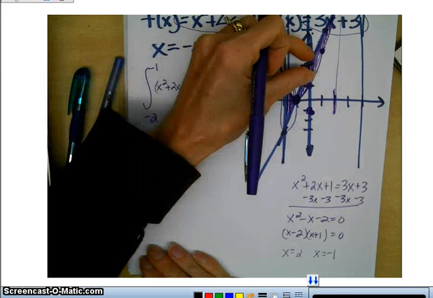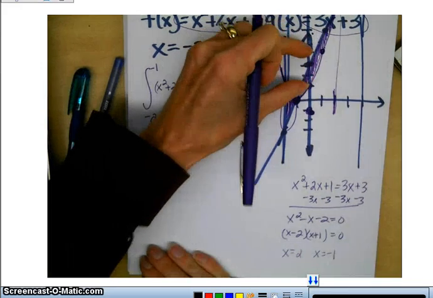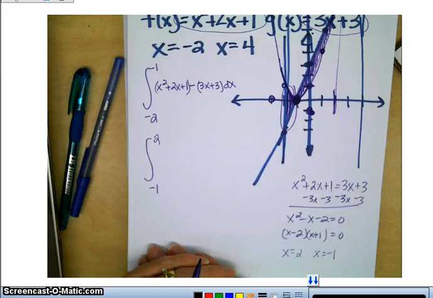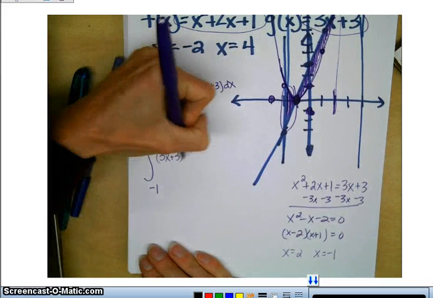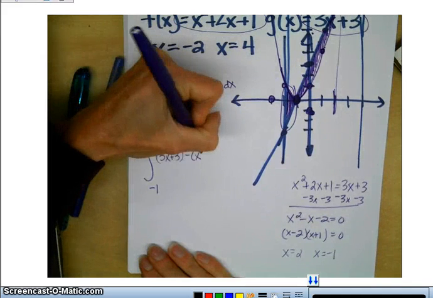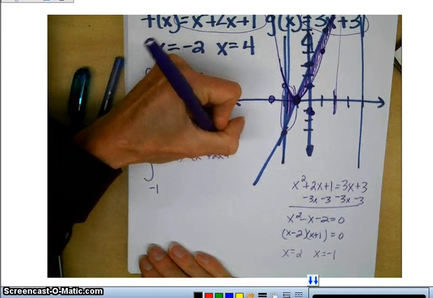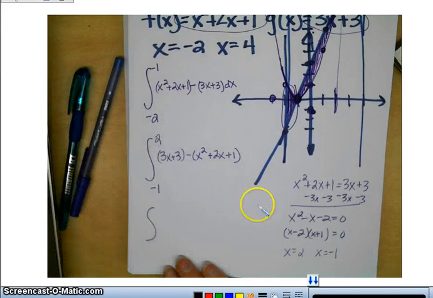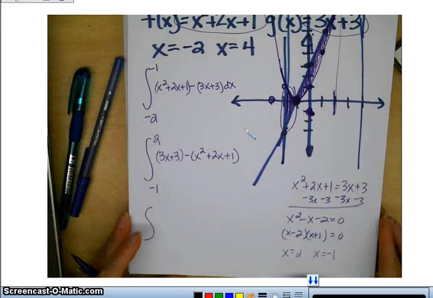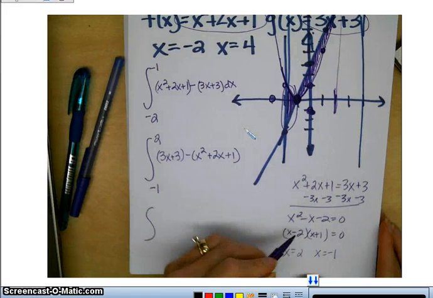So in this little section, what is the top function here? The line minus the parabola. And finally for the last section, okay, we're going to have to do a little more of this stuff here.